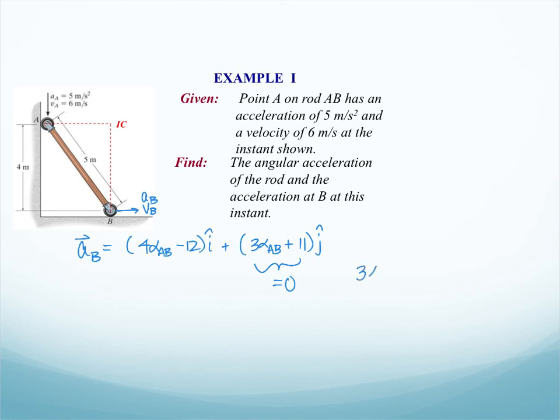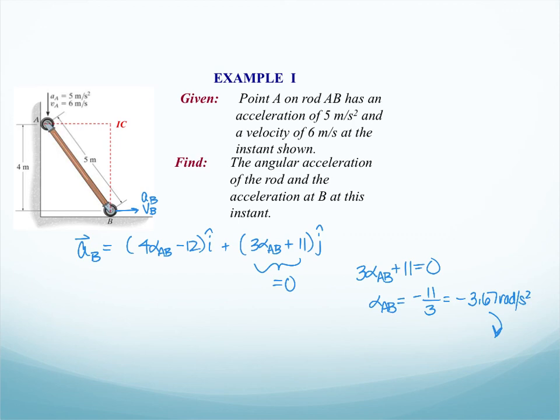So 3 alpha AB plus 11 is equal to 0. Alpha AB is equal to minus 11 over 3, which is equal to minus 3.67 radians per second squared. And that means it's going to be in the clockwise direction, which is not what I expected.